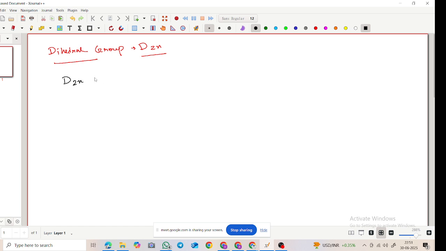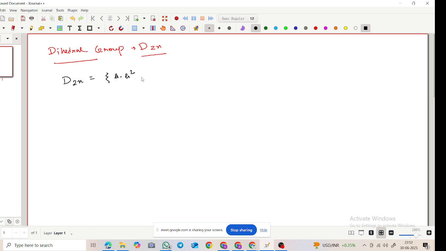D2N is the following group. This group is generated by two elements. Okay, no, let's first write down the whole thing.